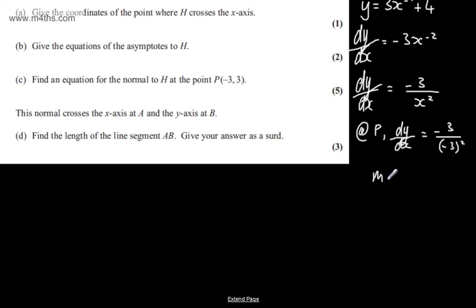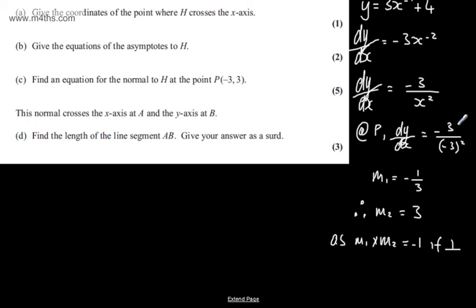I'm going to call that m1. m1, the gradient of the tangent, is minus 1/3. Therefore, m2, the gradient of the normal, is going to be positive 3, as m1 multiplied by m2 will be equal to minus 1 if perpendicular. Remember, the tangent is perpendicular to the normal.